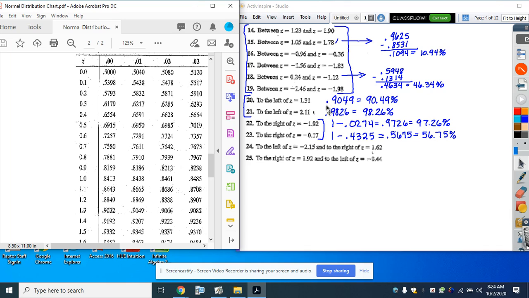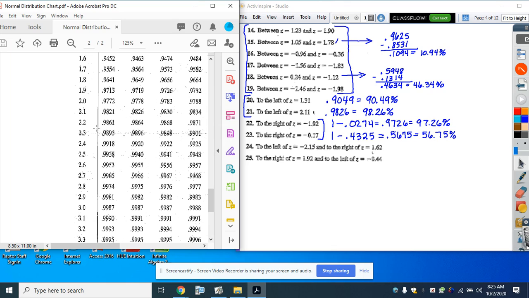Same thing for number 21. I have 2.11. I know you're going to want to take a shortcut and not look at the top of this column. The thing you have to remember, if you're not going to look at the top, is that the first column is 0. So don't miscount. I have 2.1, and then I need to go over to the 1 column.